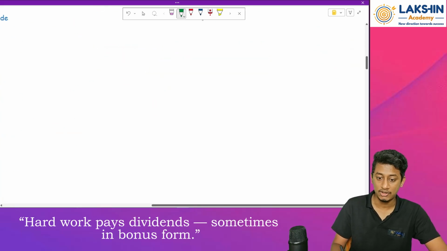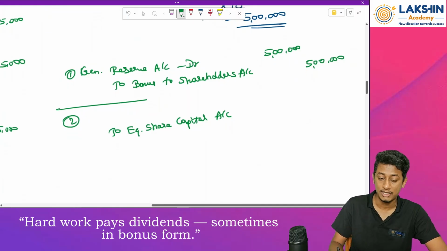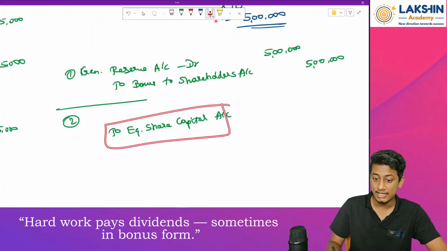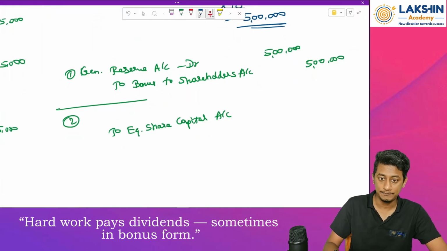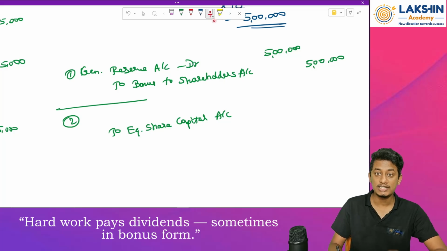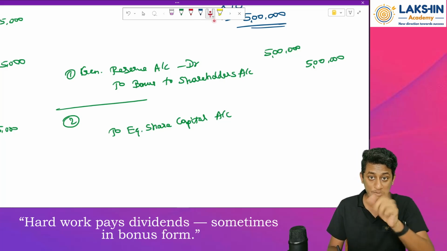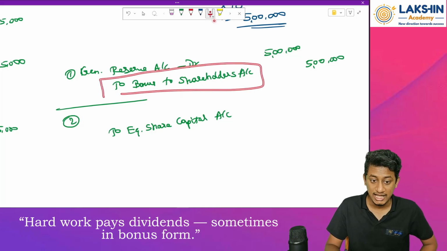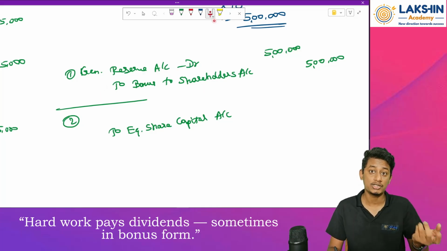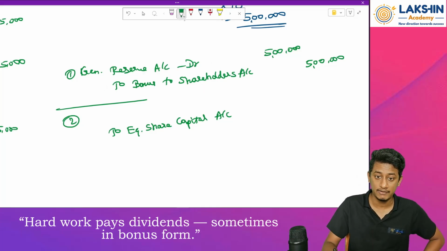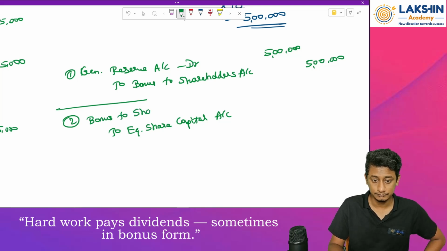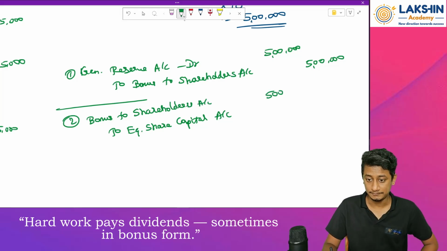So I am crediting the share capital entry. Then after this, debit what? Once I increase the value of share capital, that means I have given the shares to the shareholders. So is this liability account required now? No sir. So now what to do to clear this off? I will debit the bonus to shareholders account, rupees 5 lakh.